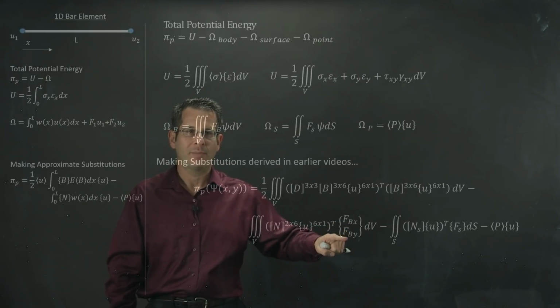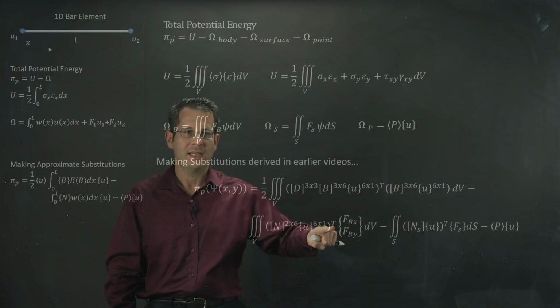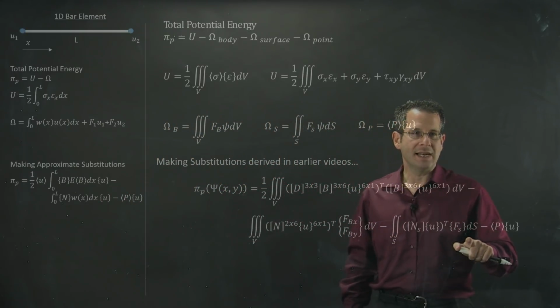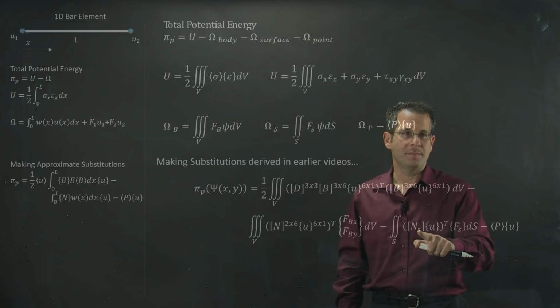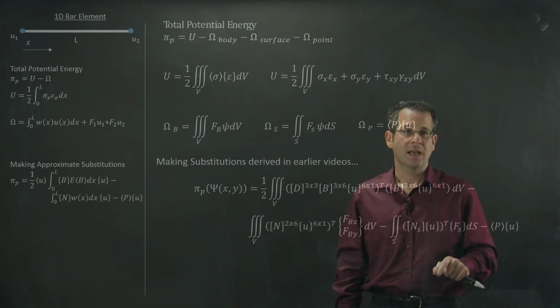So if I'm going to dot product this, I need a 1 by 2, so I need the transpose of that. For similar reasons, I need the transpose of the shape matrix times my u vector here, multiplied by my forces applied along a surface.